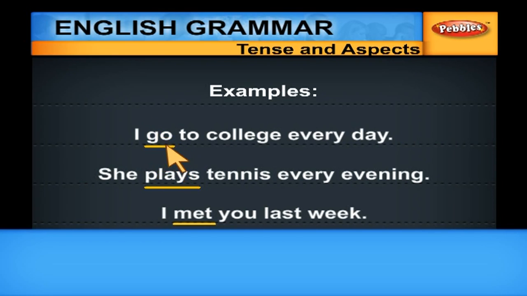We have underlined the verbs in these sentences. You have only one verb for each sentence. This is what we call a lexical or main verb. These are sentences consisting of only one verb.